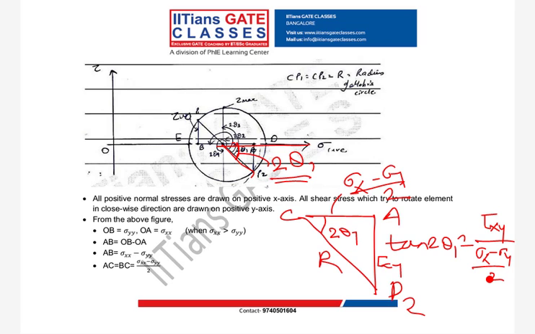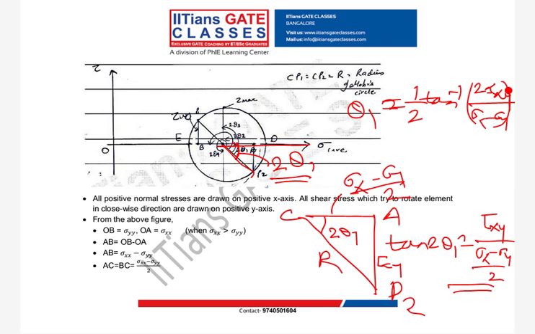So this is what we have derived already. What is your theta 1? It is 1 by 2 tan inverse of 2 tau xy upon sigma x minus sigma y. Clear?